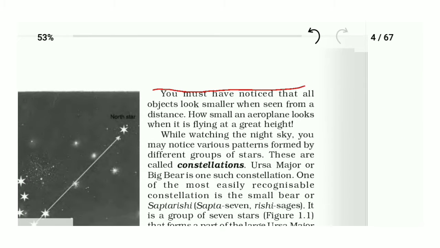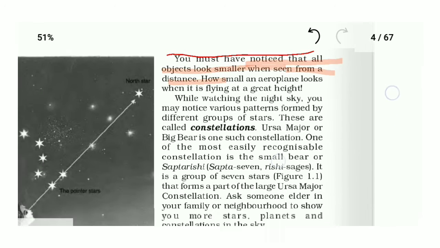You must have noticed that all objects look smaller when seen from a distance. Obviously, when seen from a distance, all the objects seem very small. If we go in an aeroplane, while looking at the ground from a height, such huge buildings appear very small.